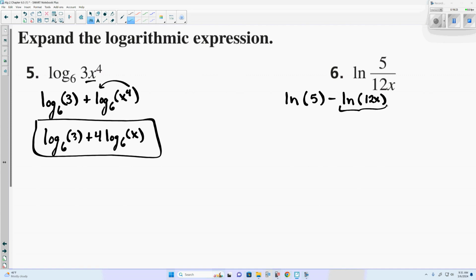Now, our next part would be product. So we still have ln of 5 minus. Our first one would be ln of 12, ln of x. And there's no powers. We have to have parentheses around this.